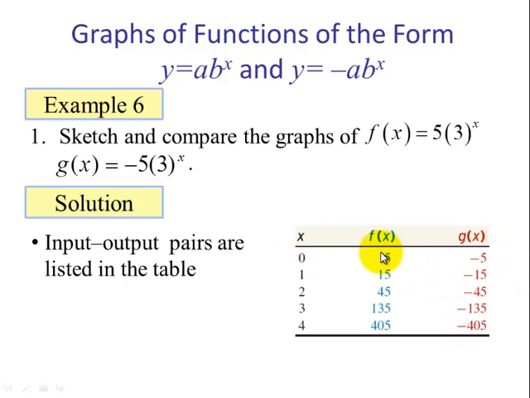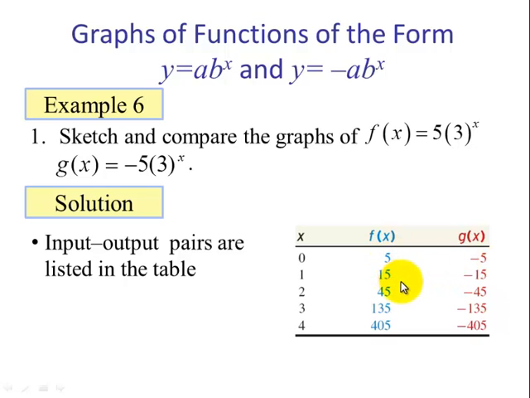When x is 0, f of x is 5, and for g of x, it's negative 5. When x is 1, we have 15, because 3 raised to the 1 power is 3, times 5 is 15. For g of x, x is 1, so we have 3 to the first power times a negative 5, which gives us a negative 15.